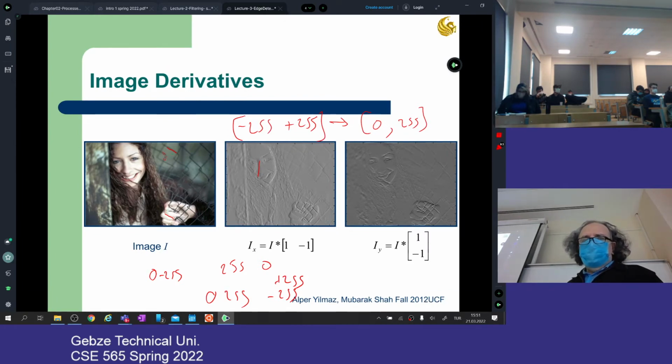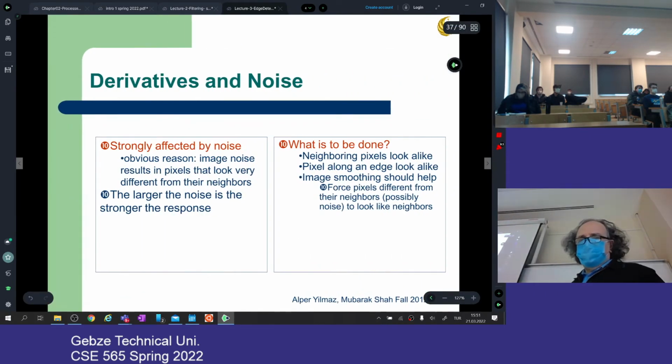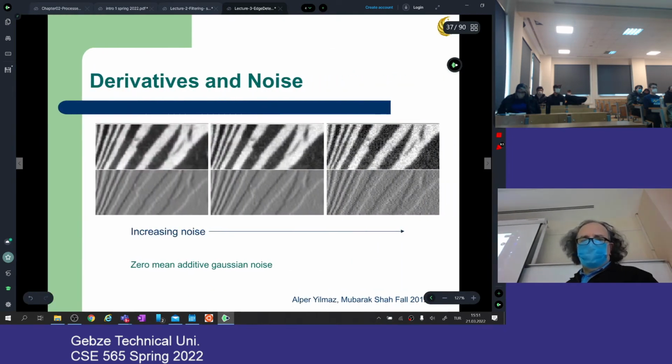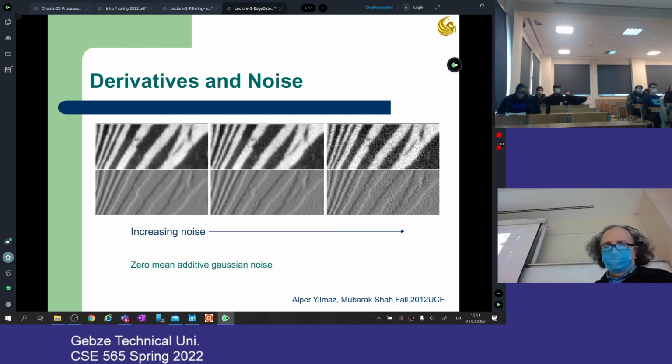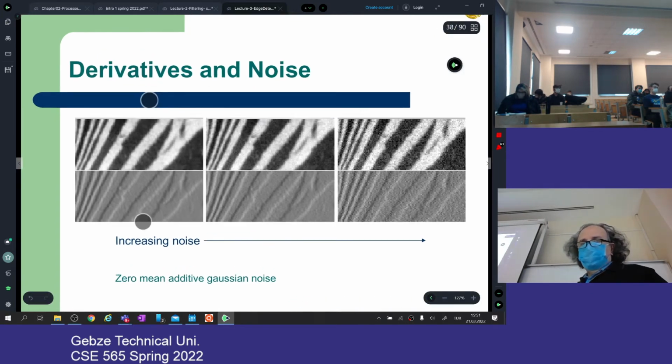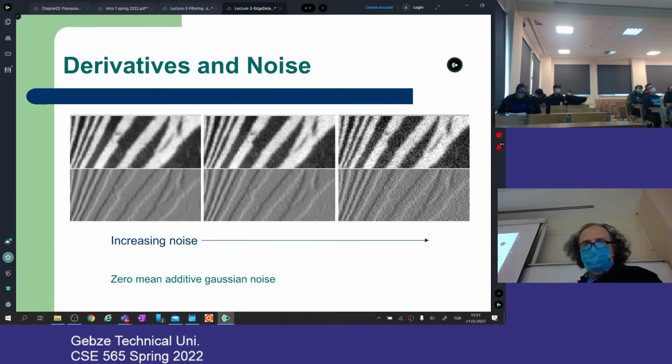Because if there is lots of variation between the pixels, very small variations, my operator responds in a big way to those variations. What are we going to do for those, as we did before? We are going to use again the Gaussian smoothing operator before we apply the derivatives. So there is one example here.